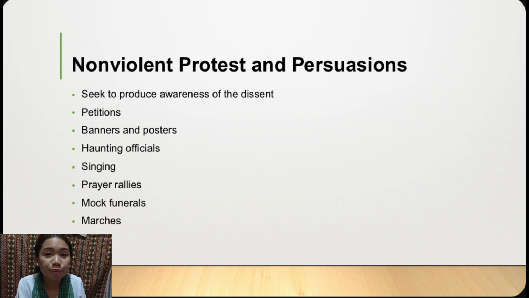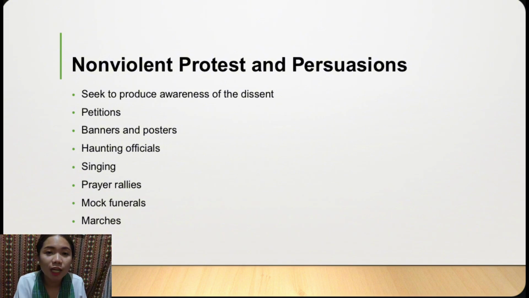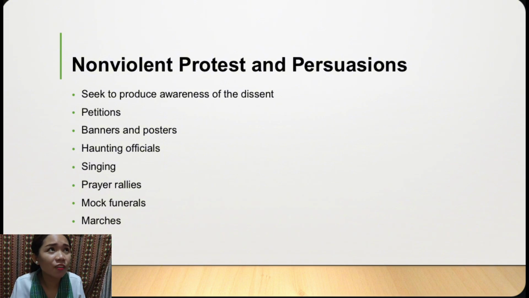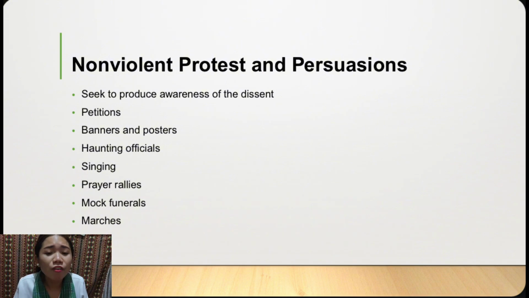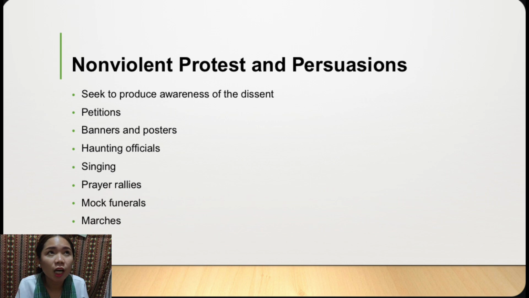For example, it is trending today about our Vice President Sara Duterte, wherein certain politicians, or the senators, dislike her because of what she did about the confidential funds. So nonviolent protests and persuasions, they hunt officials that are doing some things such as.